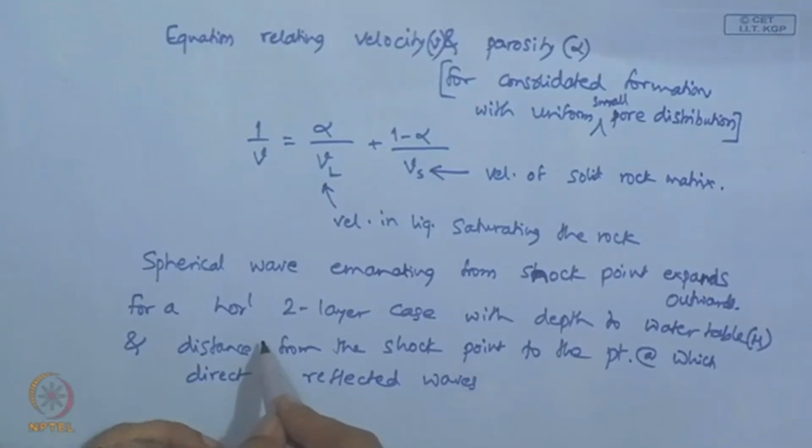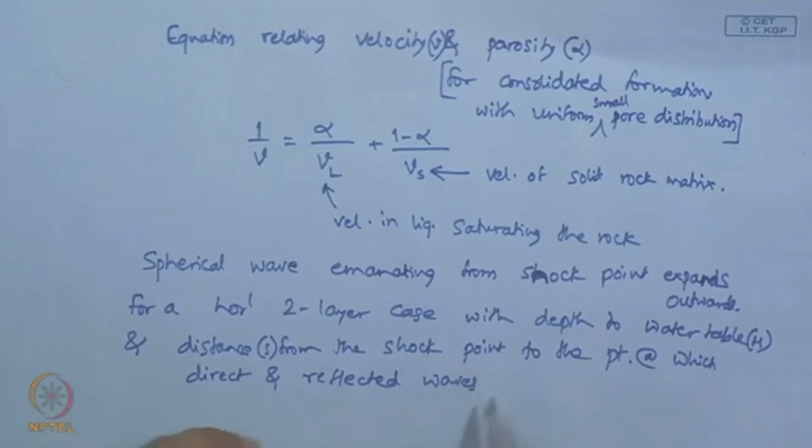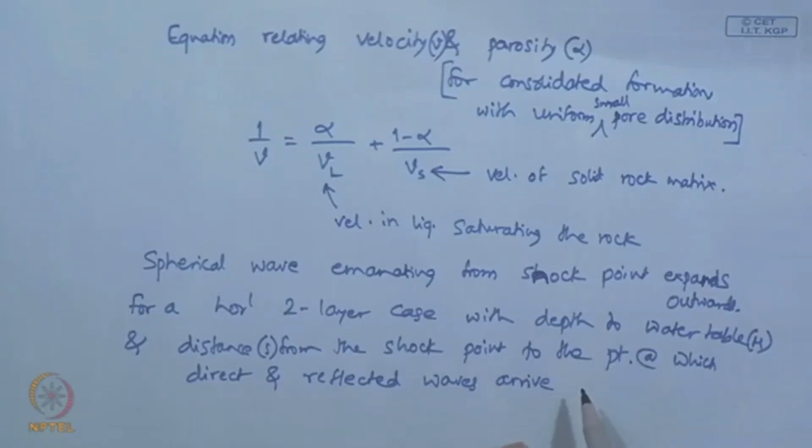So this distance S is the distance from the shock point to the point at which direct and reflected waves arrive at the same time, or simultaneously.